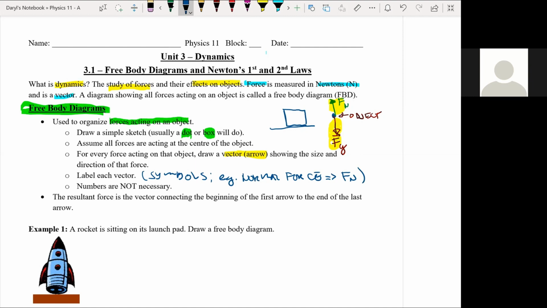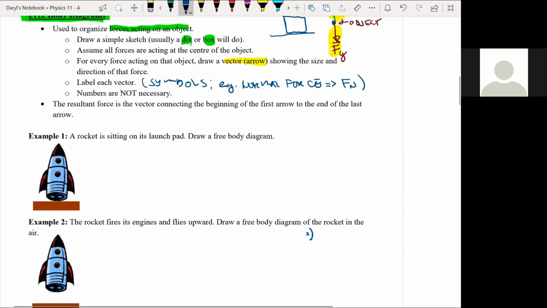And the resultant force is the vector connecting the beginning and the end of the arrow. This is just the sum of all forces acting on the object.